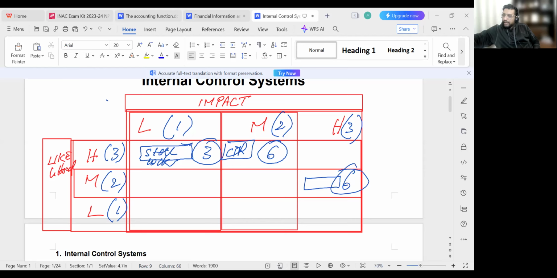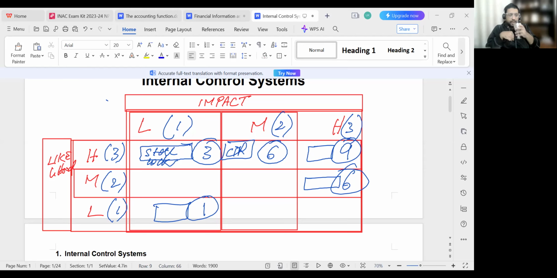And something which we would be putting in this box, where likelihood is high and impact is high as well, that score would be 9. Okay. If something is coming in this box, likelihood is low, impact is low as well, so the score is 1 only, right?